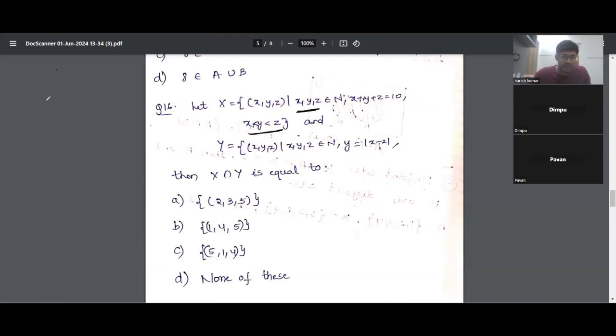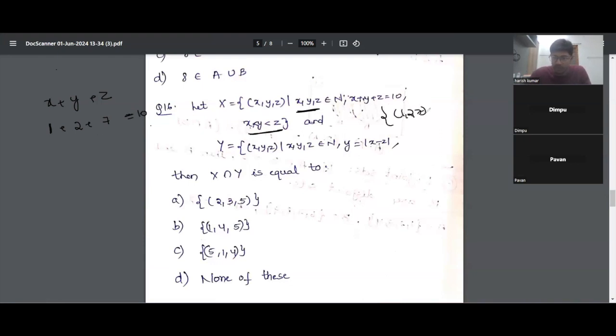Now, let's take the values. If x is 1 and y is 2, because y cannot be 1 since x has to be strictly less than y, what will be the value of z? z will be 7, because x plus y plus z has to be 10. So this is one triplet: 1, 2, 7.